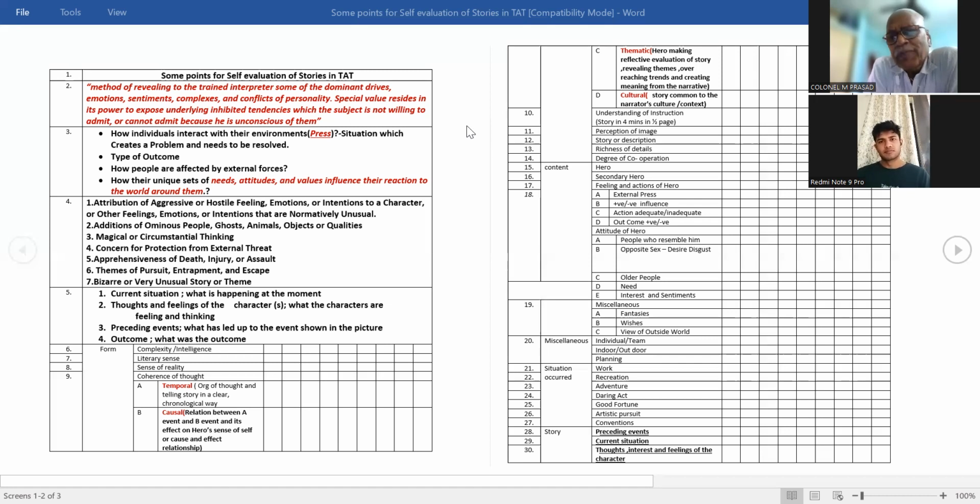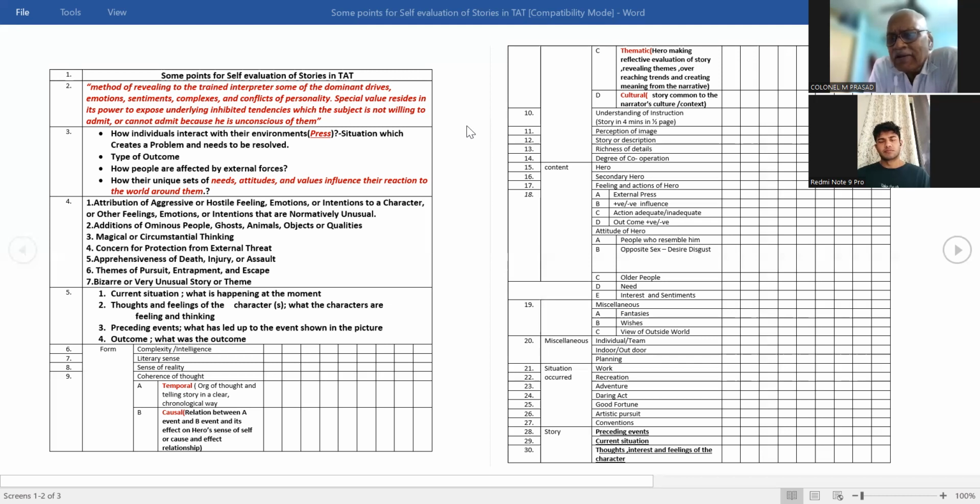So what it really is, we are just in a position to find out how you interact with the environment. It is the environment which creates a problem. As I said, we have certain needs, and psychologically, there are supposed to be 27 needs.